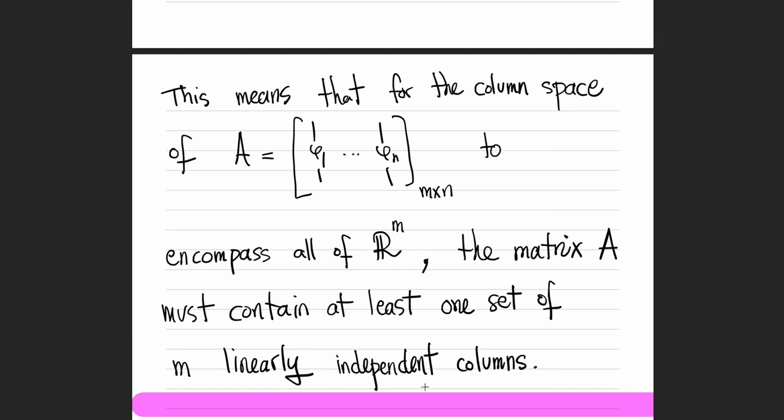Why m? Because the space is m. So if you want to encompass the whole space, then we need at least m linearly independent columns. So n should be greater than or equal to m.